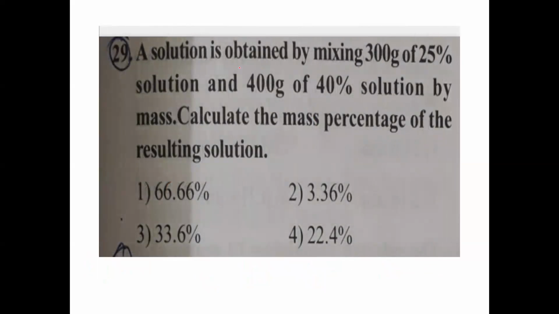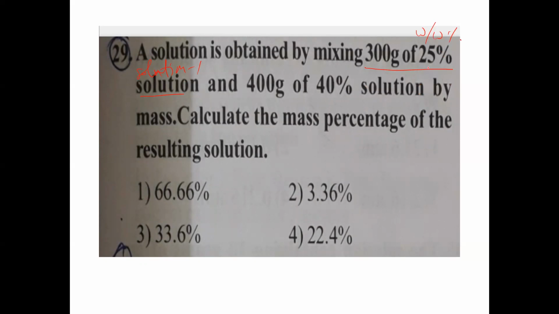Next, a solution is obtained by mixing 300 grams of 25% solution. So solution 1 it is. How much percentage is given for solution 1? 25% by mass given, W by W percentage.